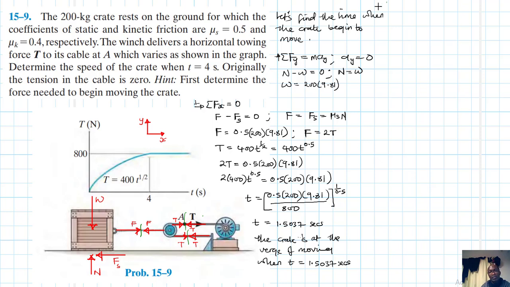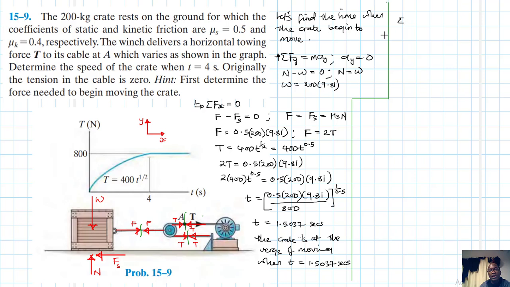So once we found this, we now need to find the final velocity, and we are using the principle of linear impulse and momentum.